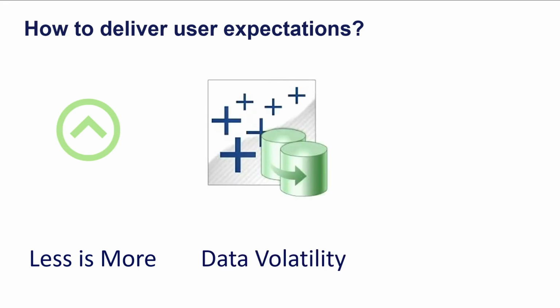The second thing is to think about the data volatility. Now, one of the great things about Tableau is we can connect to live data and see the instantaneous changes of our data. But quite often, when we deliver this externally, we don't need to give them that row-level information straight away. They're not necessarily looking at that live data.